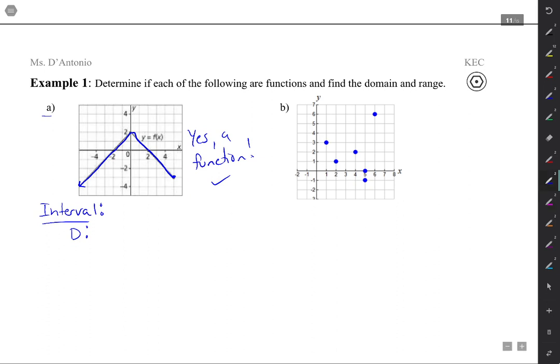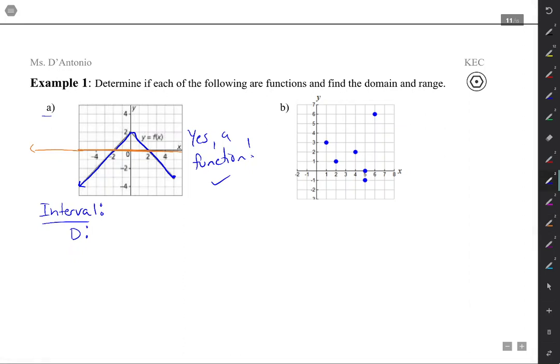So when we're looking at domain, we need to start with the lowest x value that the graph touches. By lowest, I mean if we're looking at the x-axis, which is right here, we need to look at the lowest value this way that our graph is going to reach. Well, if this side of our graph is going this way forever and ever, it's going to go until negative infinity on the x values, right? Because if we're going this way more and more and more, it'll eventually reach negative infinity.